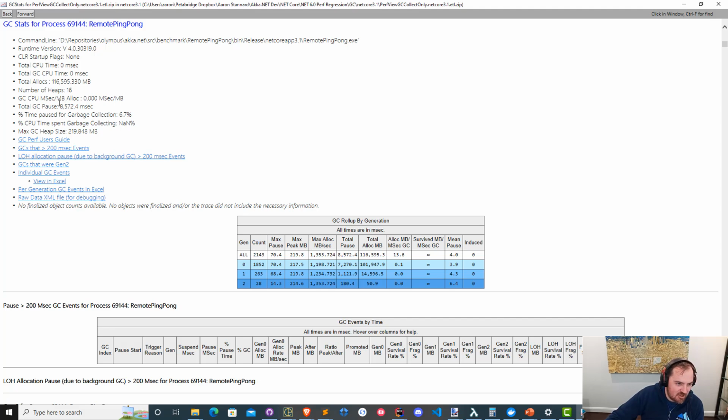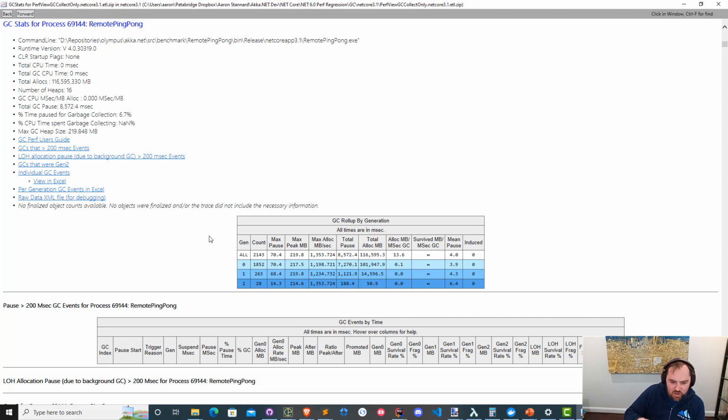And I can see that we spent a total of 8.5 seconds roughly in garbage collection pause. And I can take a look at a breakdown here of all the different, let's say, averages by generation. So as I explained in one of our previous videos on .NET systems programming, there's 3 different generations of garbage collection. They tend to get more expensive the higher up you go.